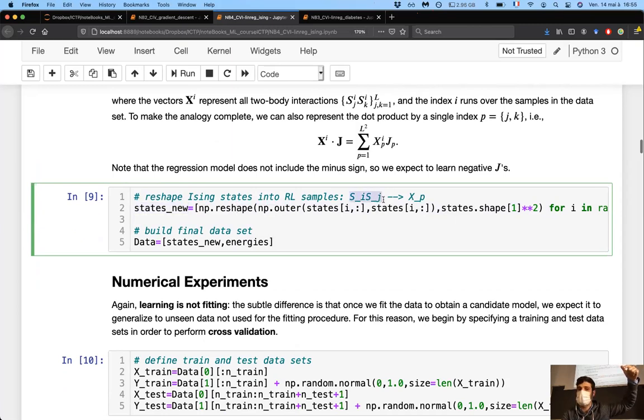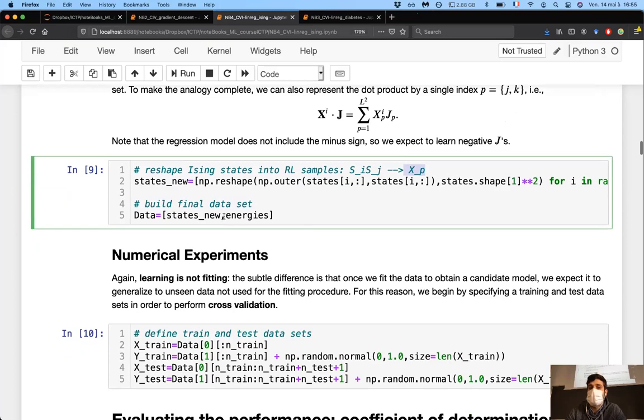So now I'm creating this vector X from all the possible products. For a given configuration, I'm doing all the possible products. I have P squared products, and I get this vector XP of size L squared. And this defines my data.